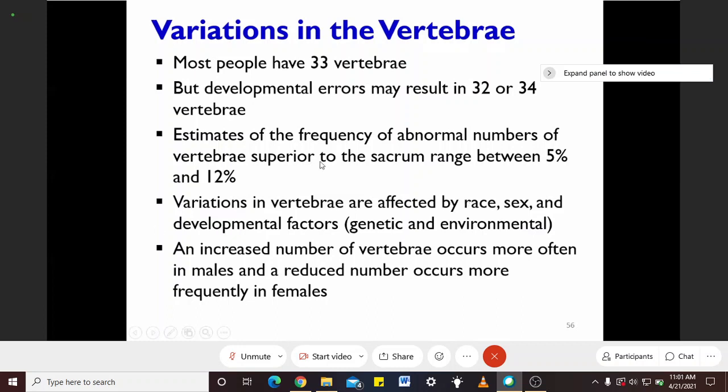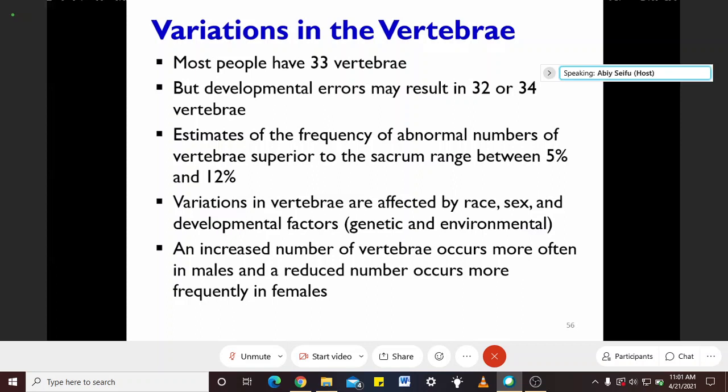In most people, the number of vertebrae is 33. That means there are 7 cervical, 12 thoracic, 5 lumbar, and 9 fused ones, a total of 33.